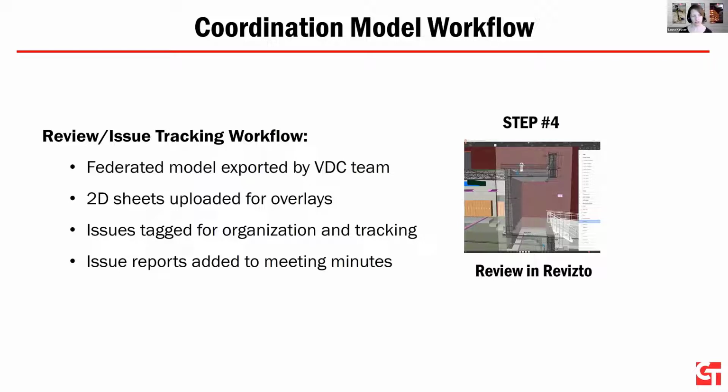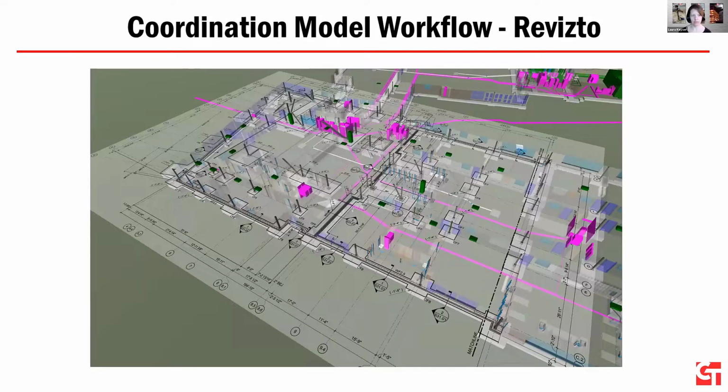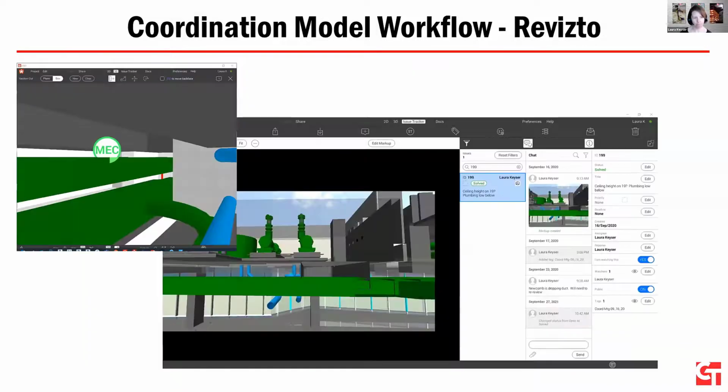One of the big advantages we've seen here is the ease with which we can overlay 2D sheets on top of a model. So here we were doing some underslab coordination with some conduit routing and some sanitary. So without having to do any manual alignment, because the designer provided us a Revit model that still had the sheets intact, it can be automatically aligned. It gives us a really good picture of what's going on.